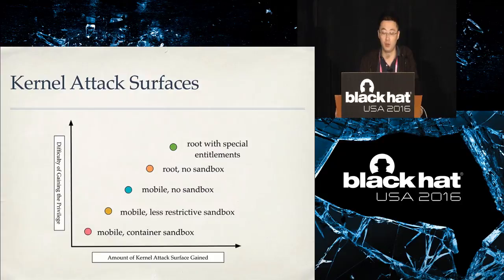Your app will run as mobile in the container sandbox. So it's very easy for you to gain code execution as mobile, but you will also get a very limited kernel attack surface, because if your app runs in the container sandbox, you can only talk with very limited kernel extensions.